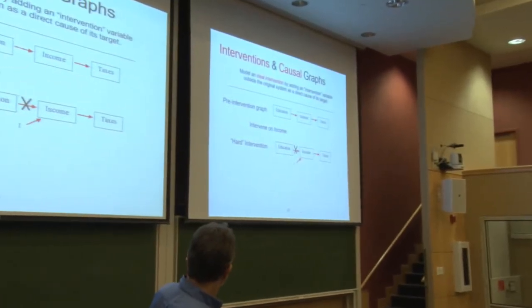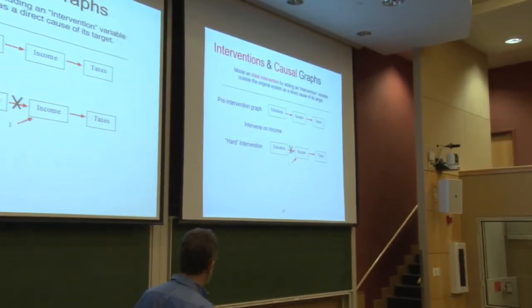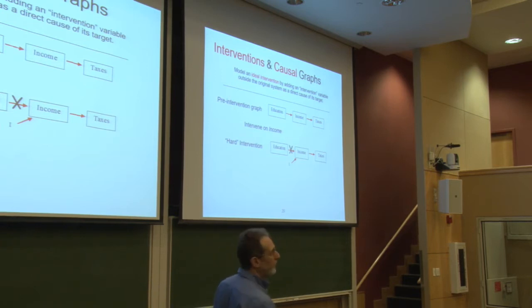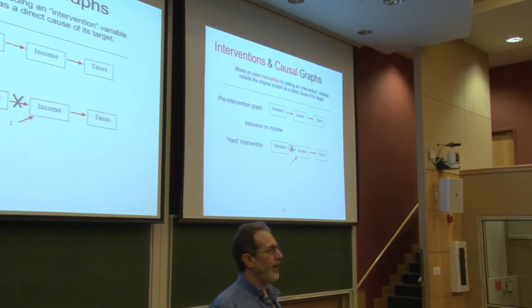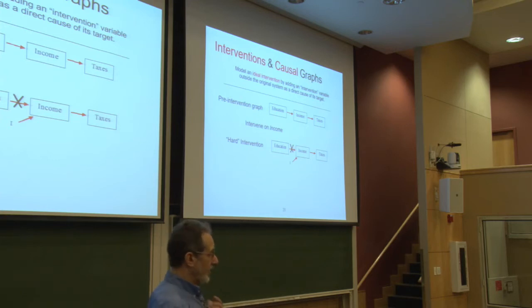So the response of that pre-intervention graph to a hard intervention is right here. Simple enough. Now, it's very important to point out that that's not the only kind of intervention that might happen. There's many, many other kinds, in particular what we call a soft intervention.